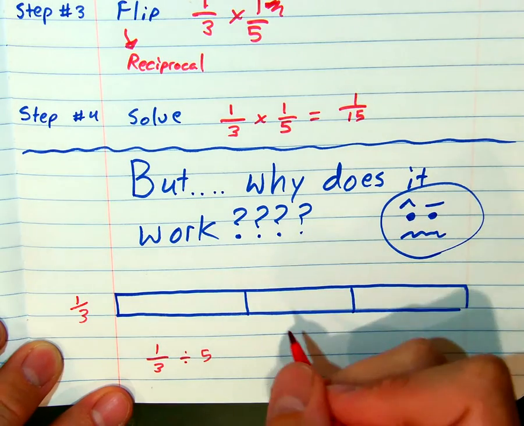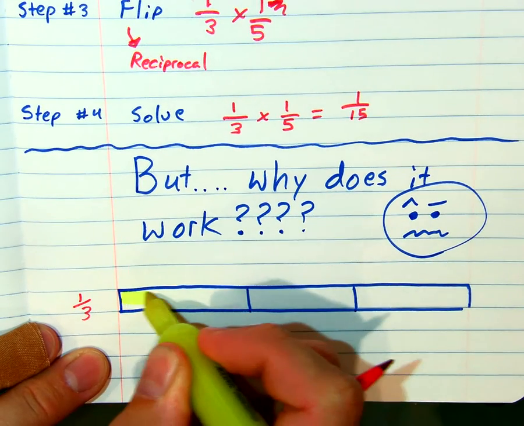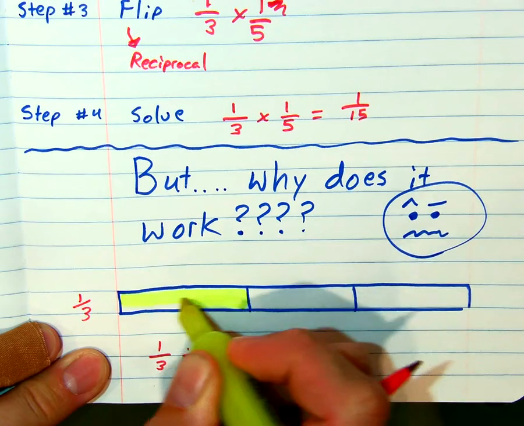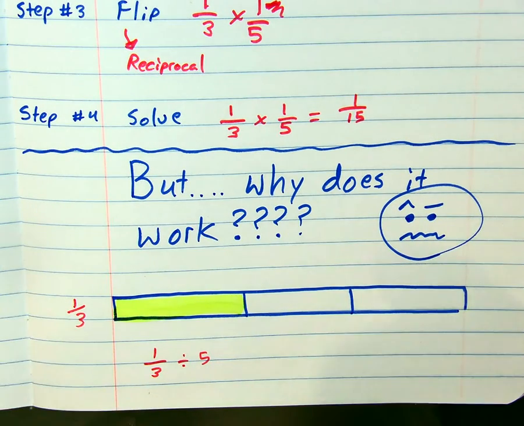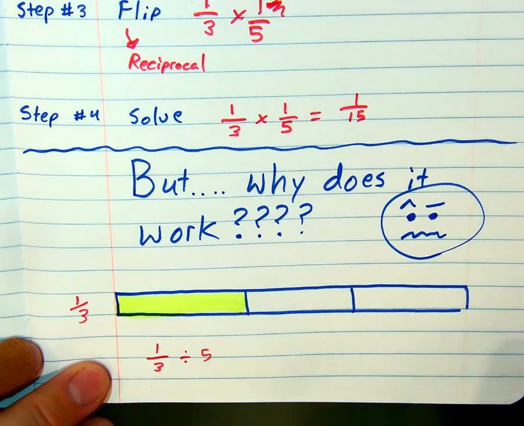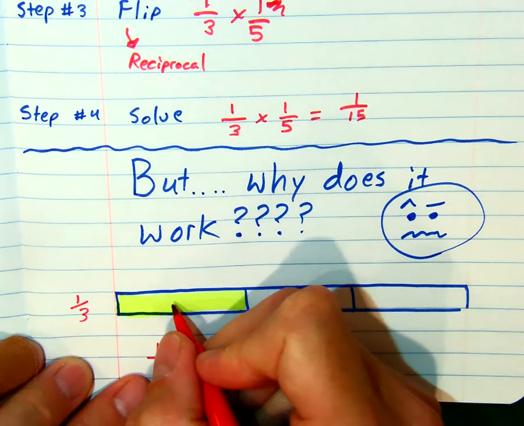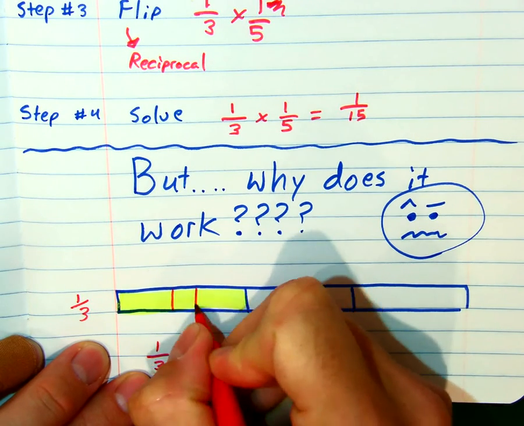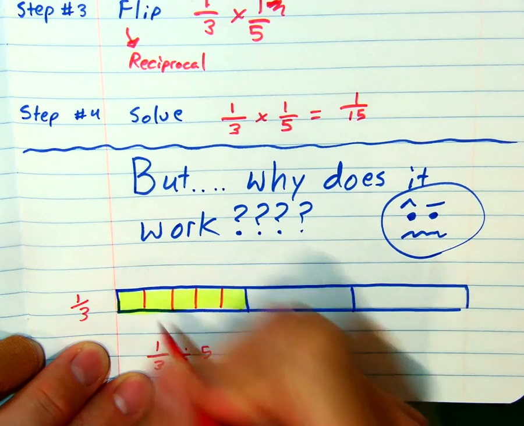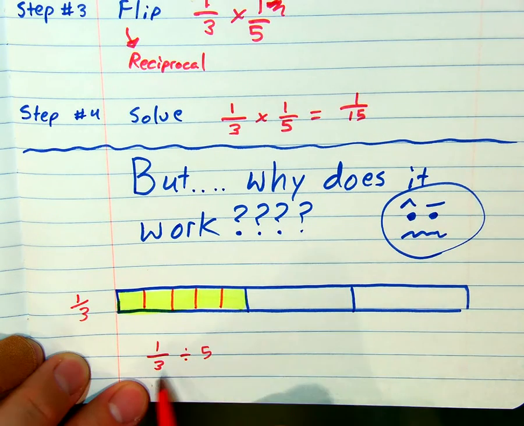Even though we're focusing in on 1/3, we're saying I have 1/3 of, I don't know, 1/3 of the Pokemon cards, and I'm going to divide 1/3 by 5. So that would simply be 1 piece. So 1, 2, 3, 4, 5, right? So 1/3 divided by 5.